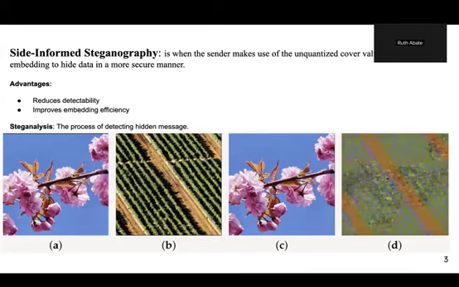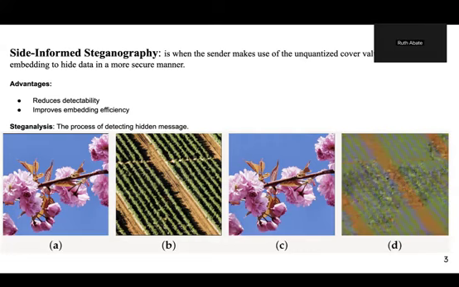Side-informed steganography is a technique that enhances both security and efficiency when embedding secret data into images. Rather than randomly altering pixels to store information like traditional steganography, this method strategically selects pixel values that minimize distortion.